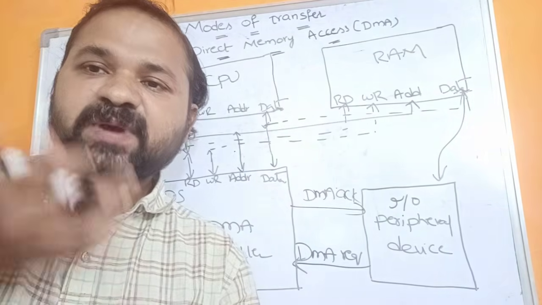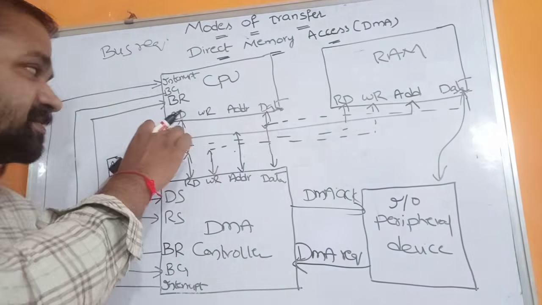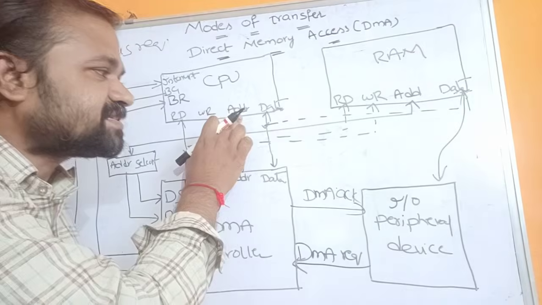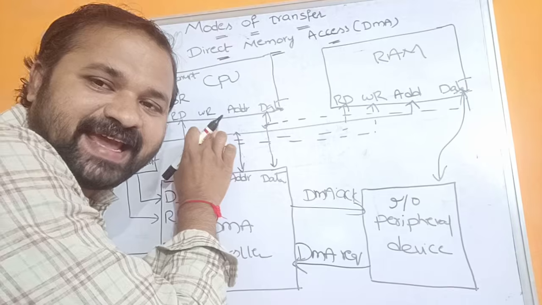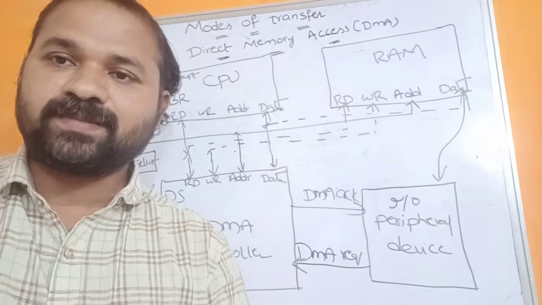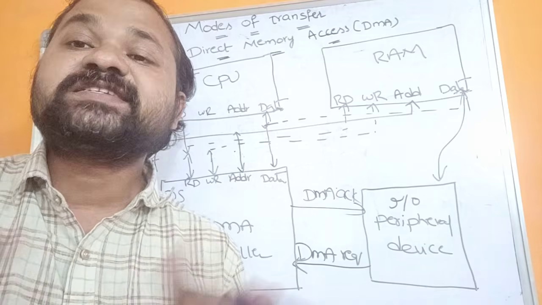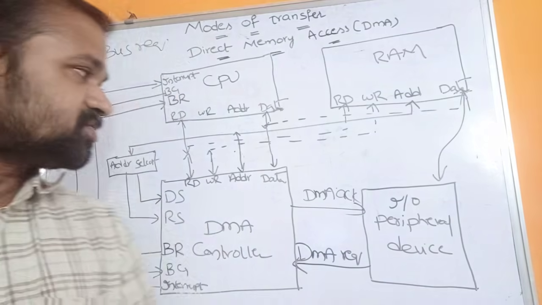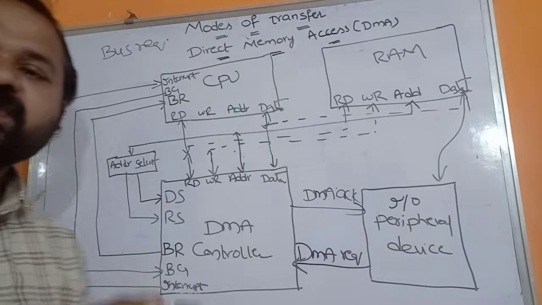Once the CPU receives the bus request signal from the DMA controller, then it puts its address bus, data bus and control bus, such as read and write lines, in high impedance state. We know what is high impedance state. It is an open circuit. It doesn't perform any operation. So that means here it is giving the bus control to the DMA controller.